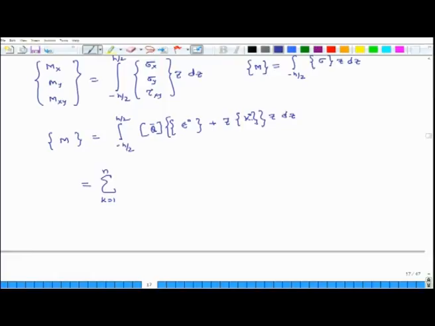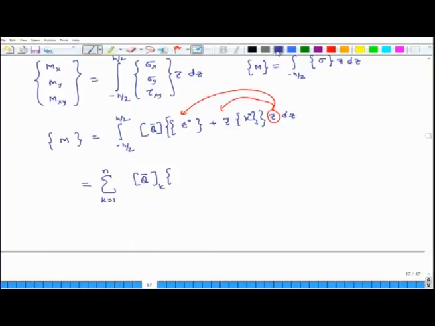For the kth layer, it will be Q bar for the kth layer times epsilon naught plus z times the curvature. I will move this z inside the bracket.